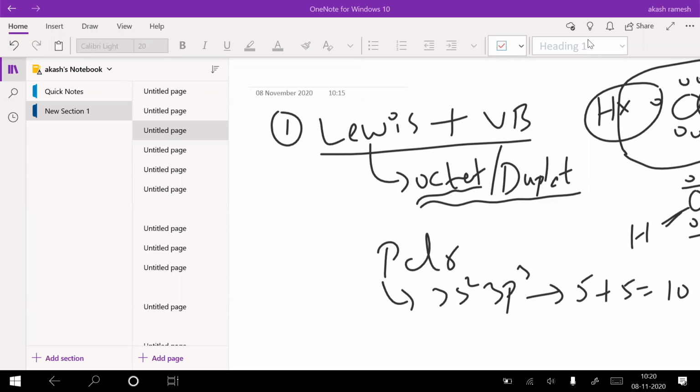Li is having 1s2, 2s1. So the 2s1 electron is lost. So duplet is satisfied for lithium. So that is not the case. Any other example? And I would say it is actually a 50% covalent and 50% ionic compound, LiCl. So we'll speak about it. Okay. So any other example?